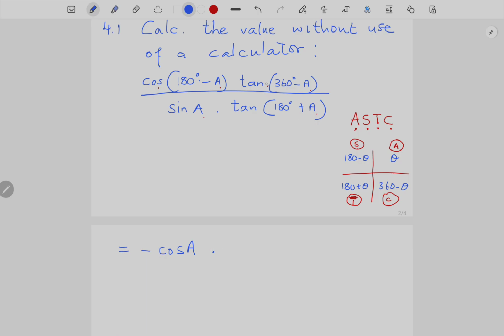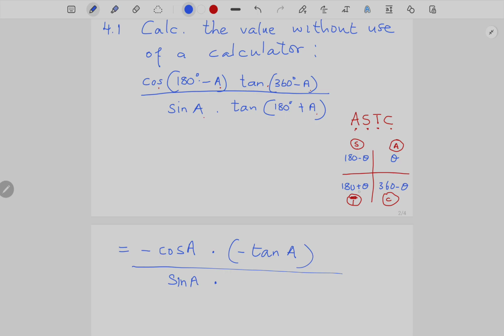Times tan(360 minus A). Okay, this is the territory of cosine, so tan is negative here. So the answer is going to be negative tan A. Okay, all over sine A times tan(180 degrees plus A).